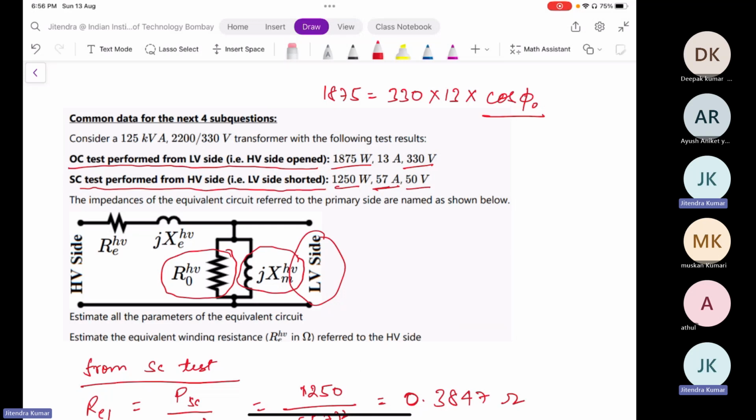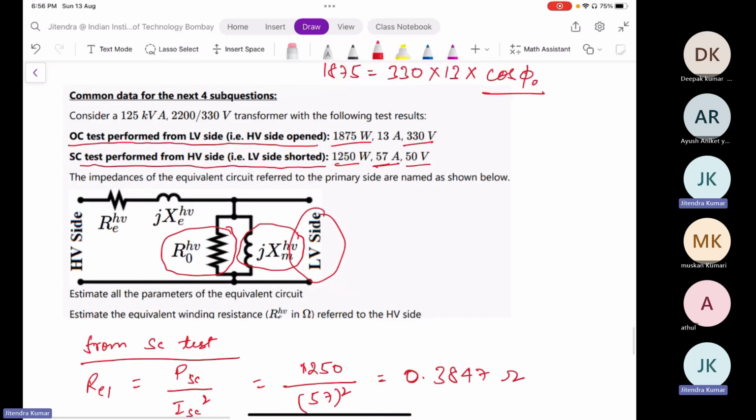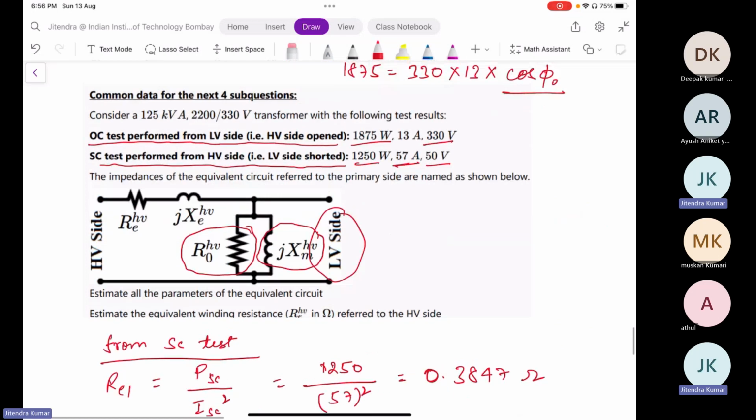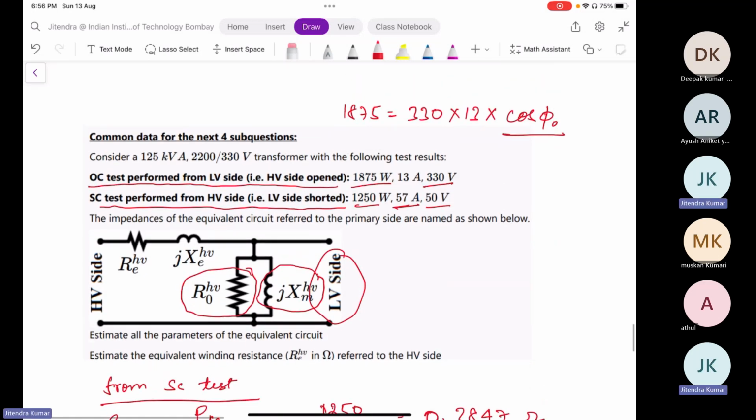Power is equal to I square R, and power is equal to V naught square by R. So 1875 is equal to 330 square by R. If you go through any approach, you can come out with the solution, but just make sure that you choose what will take you to the shortest path. So you should always think that. But anyway, this is also an approach you can go with.